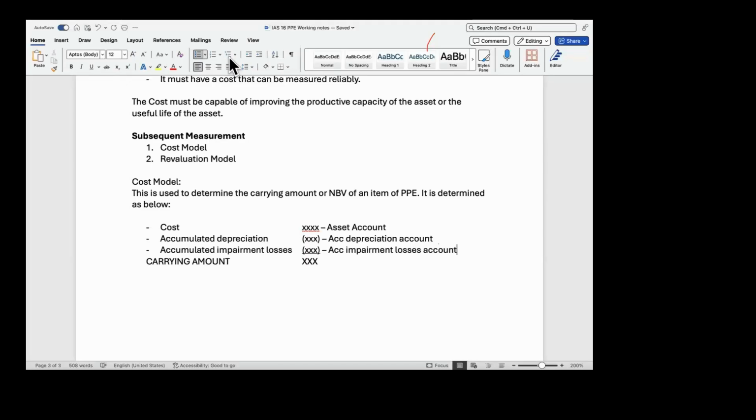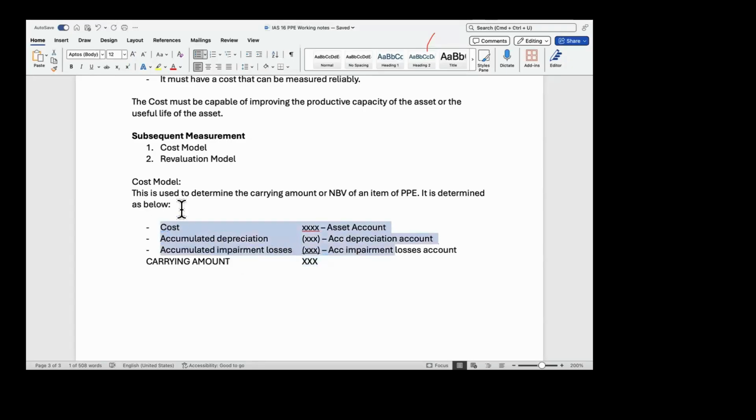See, some people think that this carrying amount is determined from the asset account. And most people think that is what it is. And most accountants think so, but it is not. You're a professional student. You need to understand clearly that carrying amount is not determined from an asset account at all. This carrying amount is determined using a model, a formula.